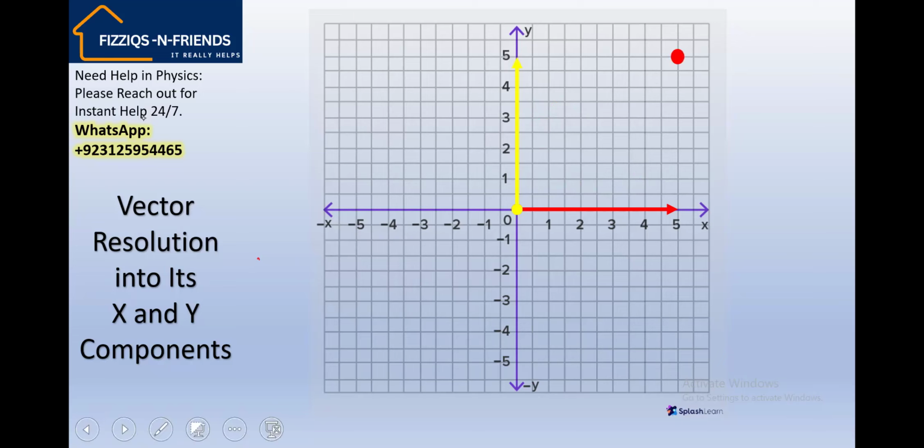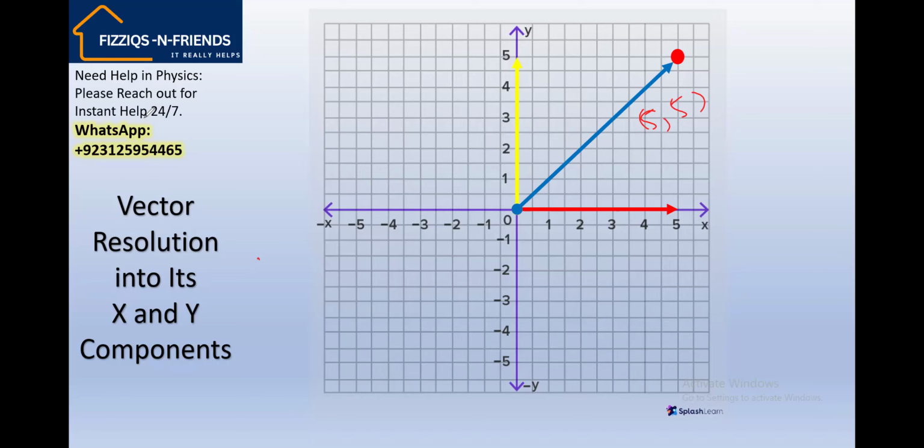For example, there is a red point and I want to know the location of this point in the Cartesian coordinate system. So I will draw another vector in blue color. Now for this blue vector, I do know that it has two components, one along x and one along y. The red one is its x component and the yellow one is its y component.